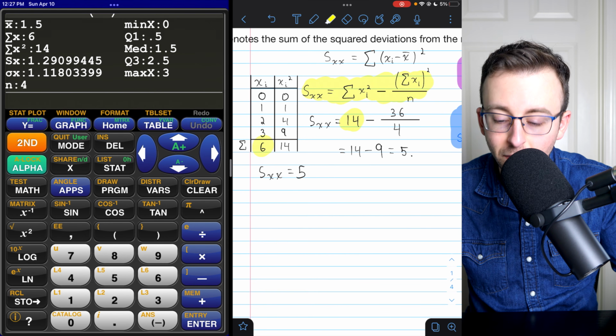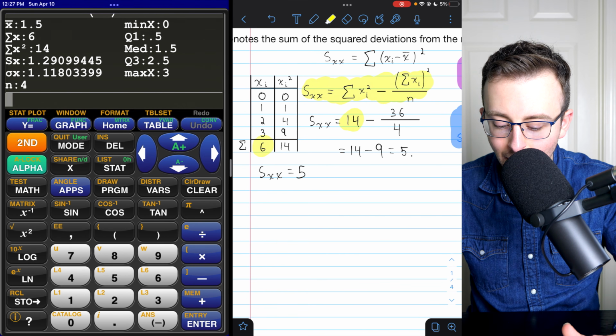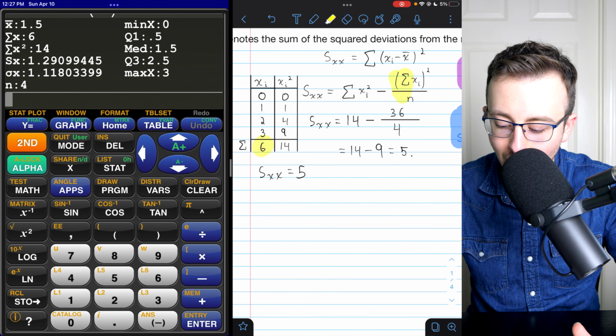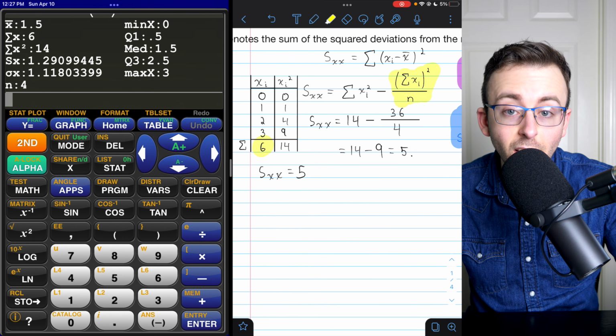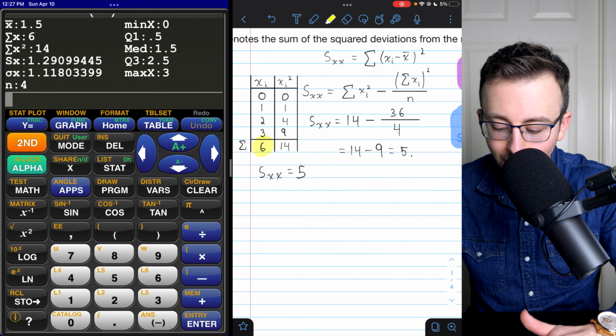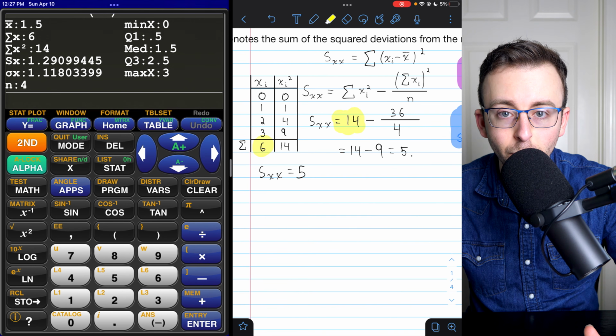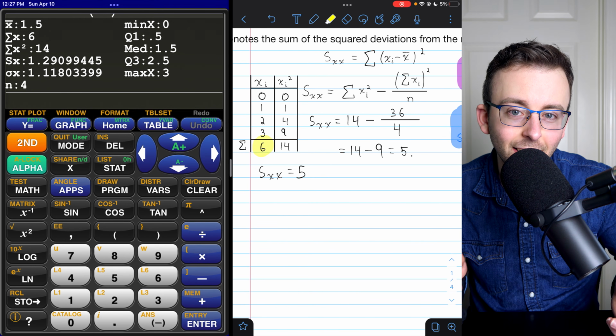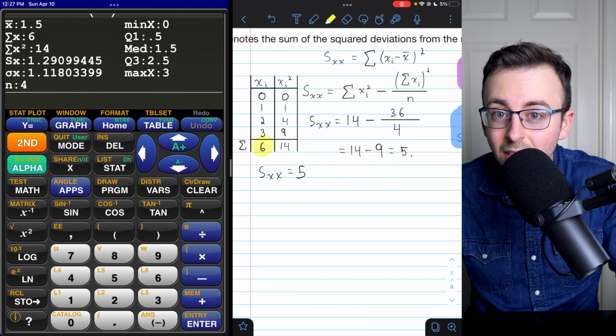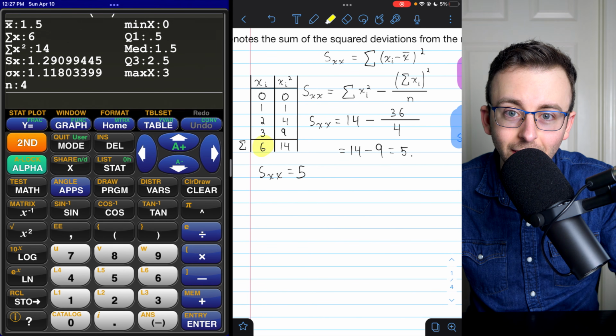You would take the sum of the x's, which is 6, and square it and divide by n. That's the second part of the formula. And then the sum of the squares, which is 14, that's the first number in the formula. So the calculator doesn't explicitly give you SXX, but it gives you the components that you need in order to use the shortcut formula.